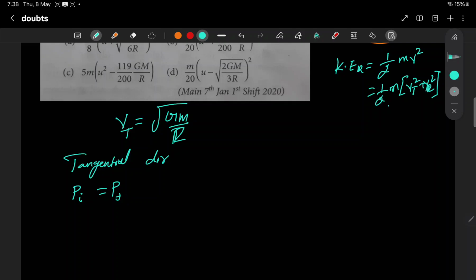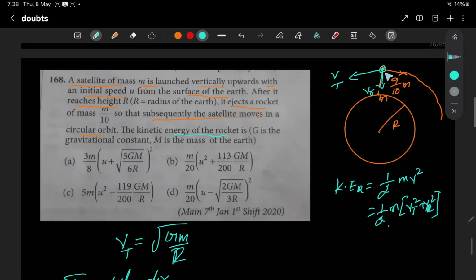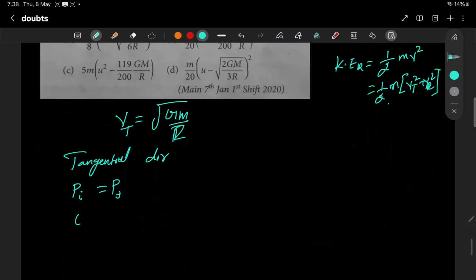Now let us see only the tangential direction. Initially it is moving only in this direction, so in the tangential direction there will be no velocity. So in the tangential direction the initial momentum is 0, correct? It is having only radial velocity.